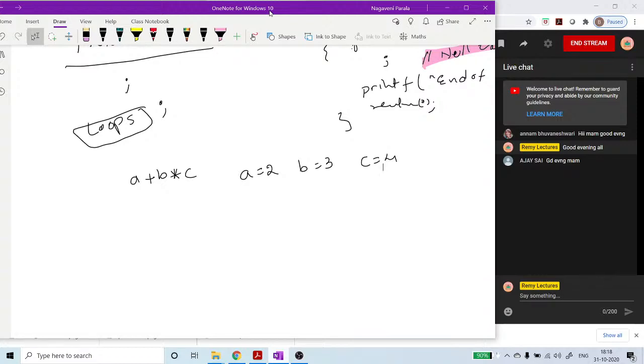What is the value of this expression? If it is wrong also it is okay.